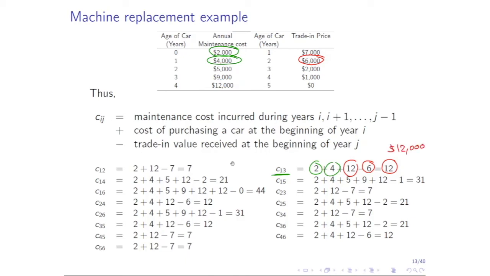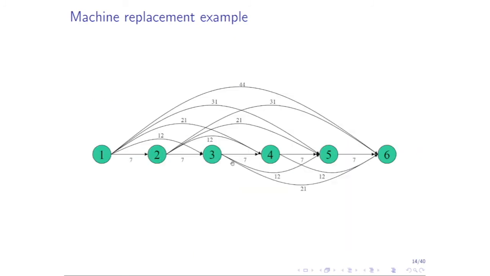Okay. Similarly, for every age, I can calculate the corresponding cost, and I can put it on the graph.